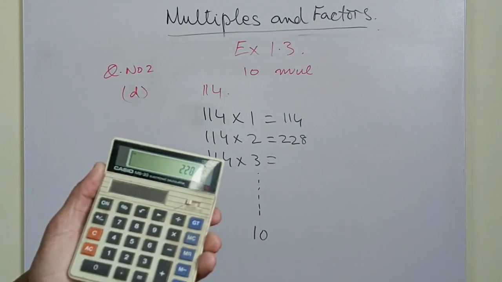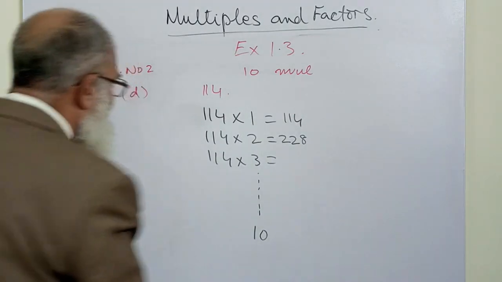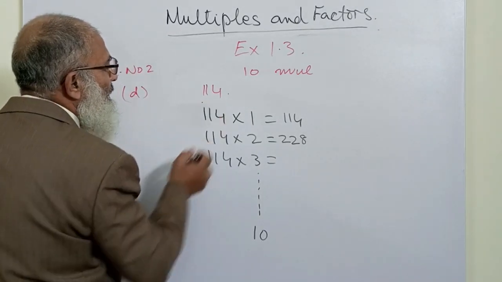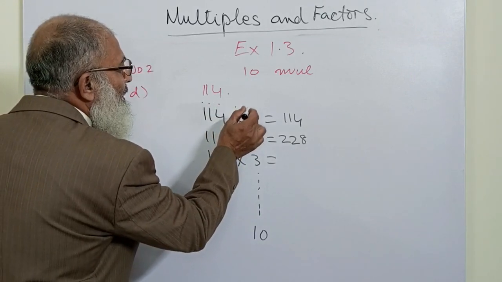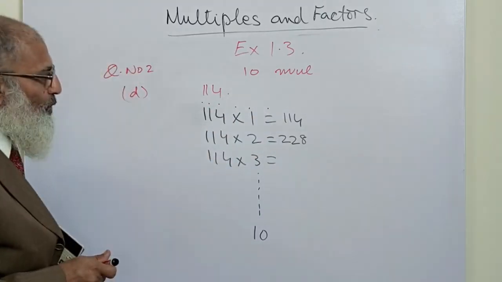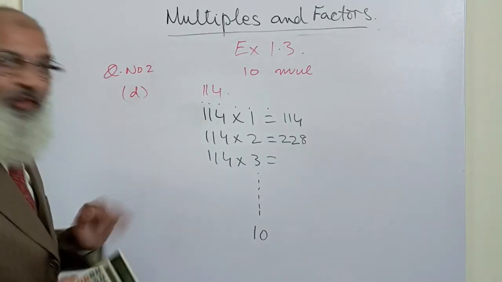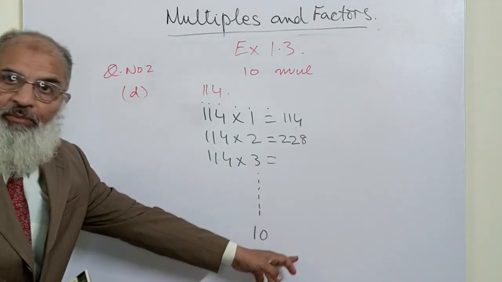But doing all this process, you are pressing this button, this button, this button, a total of 6 buttons for each of the following results.